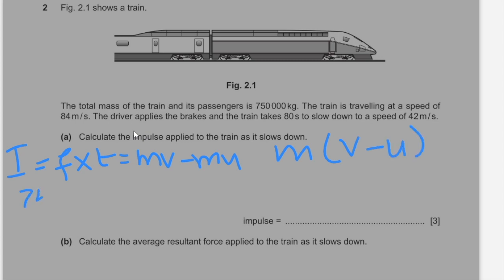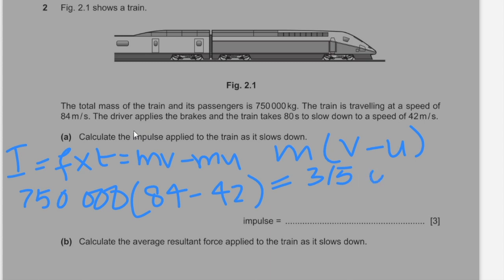Mass of the train is 750,000 kilograms, and change in velocity is from 84 meters per second to 42 meters per second, and that means 31,500,000 newton seconds. So I'll write it in standard form, rounding to two significant figures: 3.2 into 10 to the power of 7 newton seconds.